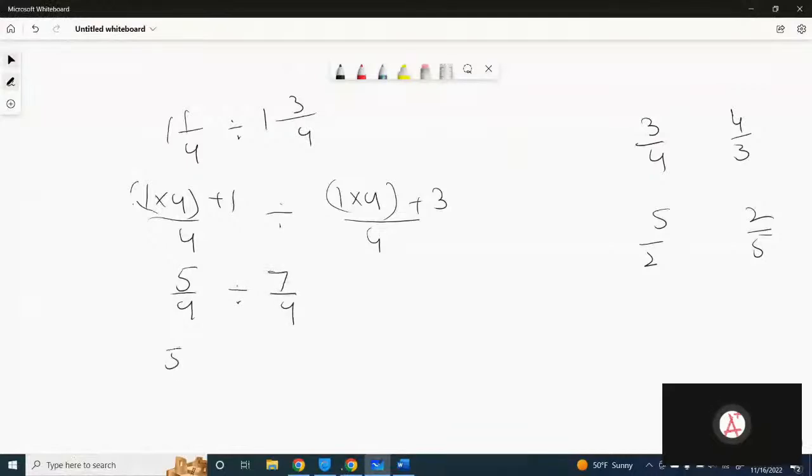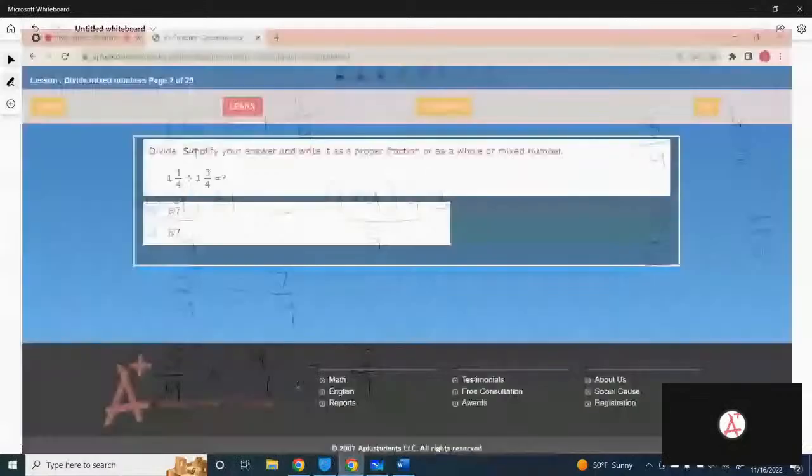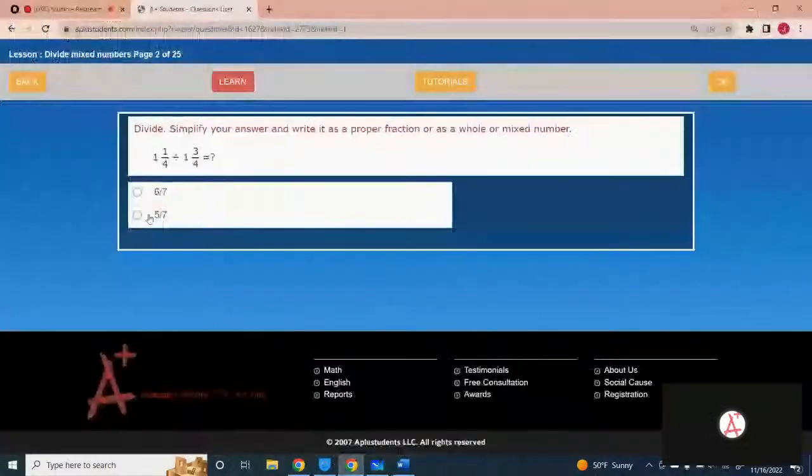Just replace the division sign with multiplication one, and the reciprocal of 7 by 4 is 4 over 7. Got it? Just 4 and 4 cancel out, you have 5 over 7. So it would be 5 over 7. Got it?